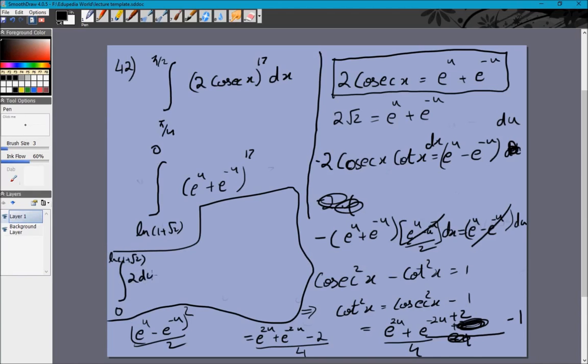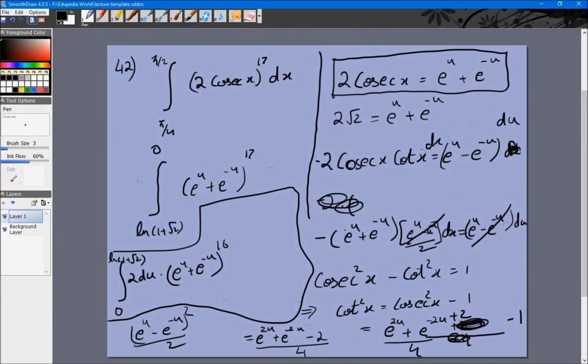So 2 du times e to the power u plus e to the power minus u, and now this is to the power 16, because dx into e to the power u plus e to the power minus u is 2 du. So only 16 is left. Right.